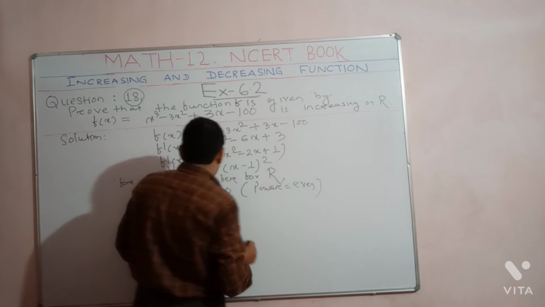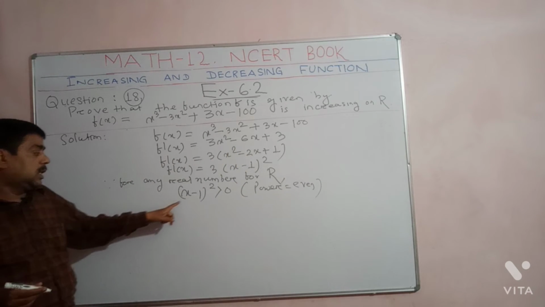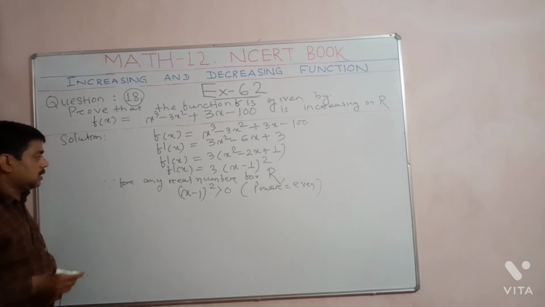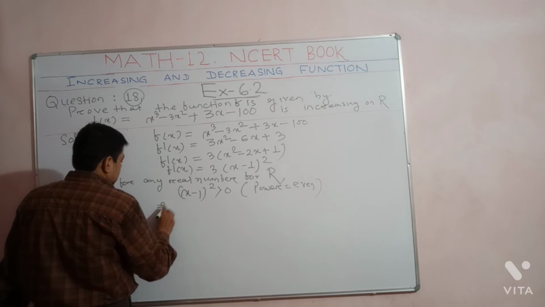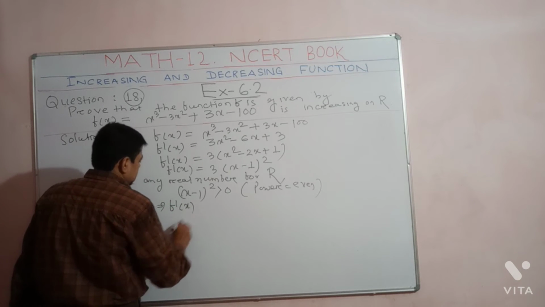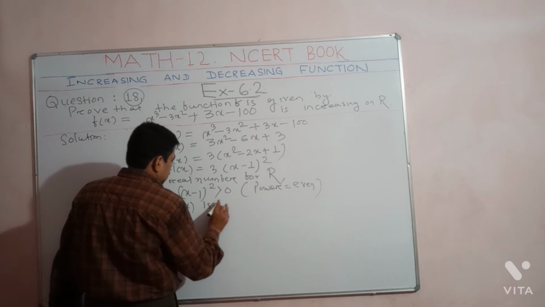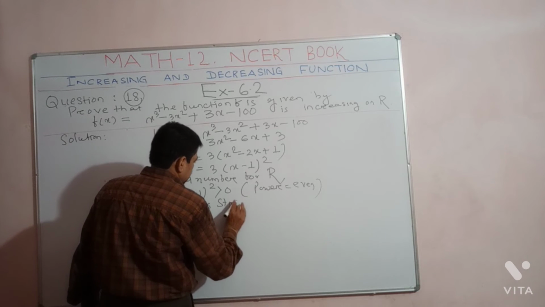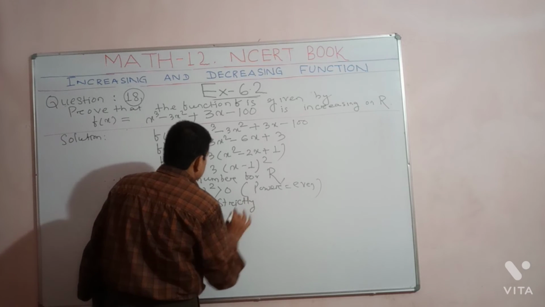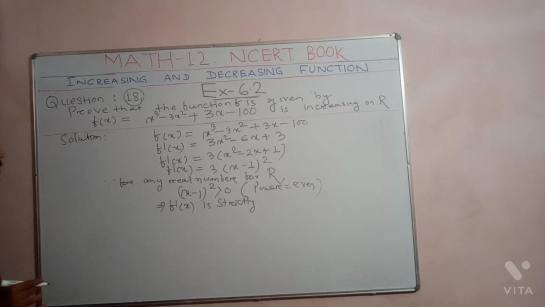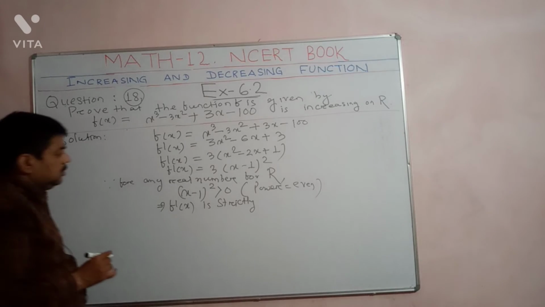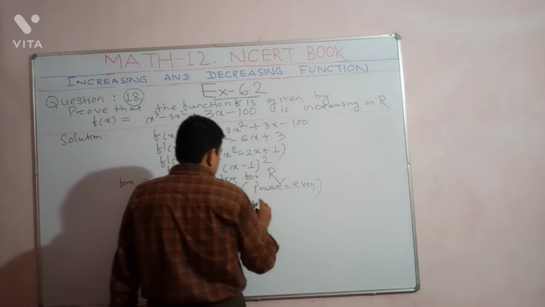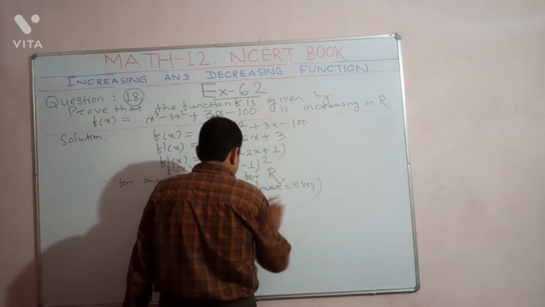So x minus 1 whole square is always greater than or equal to 0. That implies function f(x) is what? We can say strictly increasing. Understand? Okay, increasing on the set of real numbers, strictly increasing.